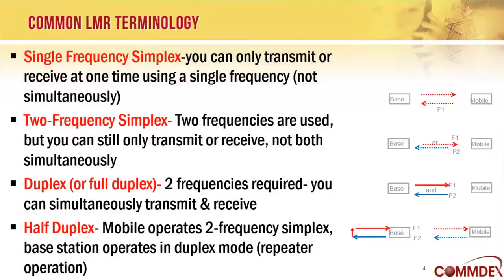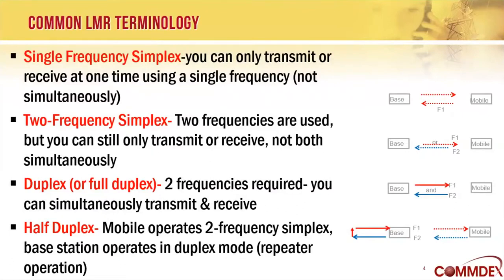So let's use some basic terminology so we know what we're talking about. Here's 4 terms that you're probably familiar with, but if you're not, we'll review them. First of all, single frequency simplex. That means 2 radios that share one frequency, so you can only transmit or receive at a single time. You can't listen and talk simultaneously.